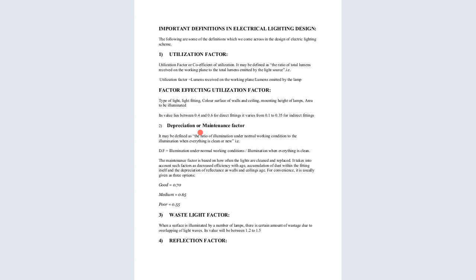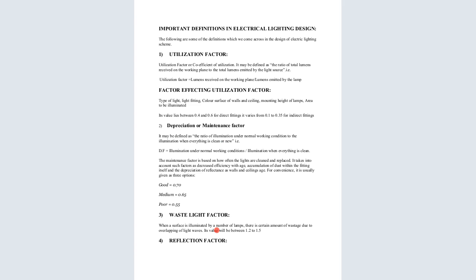Depreciation is the rate at which a light fitting will reduce, that is, it will stop working or lose its efficiency, also called the maintenance factor. It is defined by the ratio of the illumination under normal working conditions to the illumination when everything is clean.